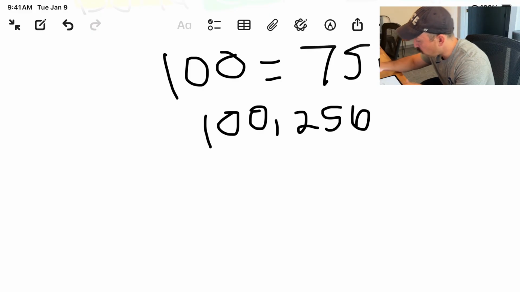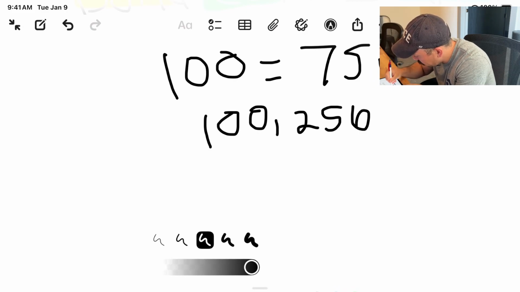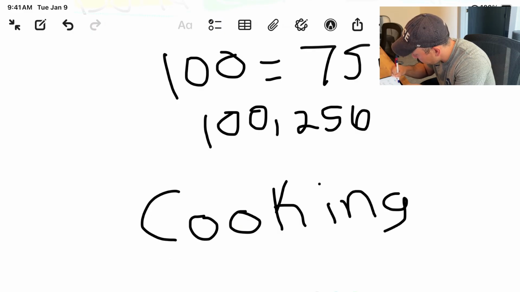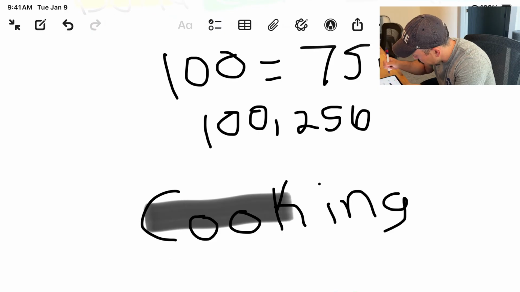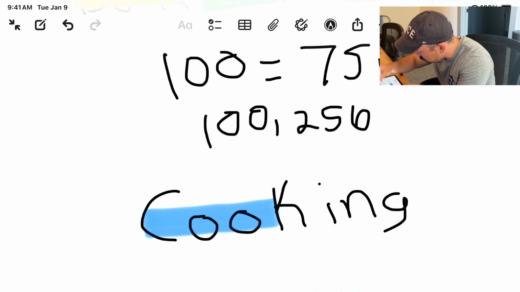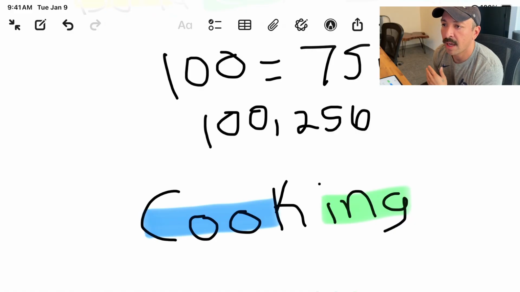So if you take a word like, let's use cooking for example, okay? And let's break this up into two pieces. All right. Oof. That's a bad highlight. Cook and ing. Right? Both components carry some original meaning of the word.